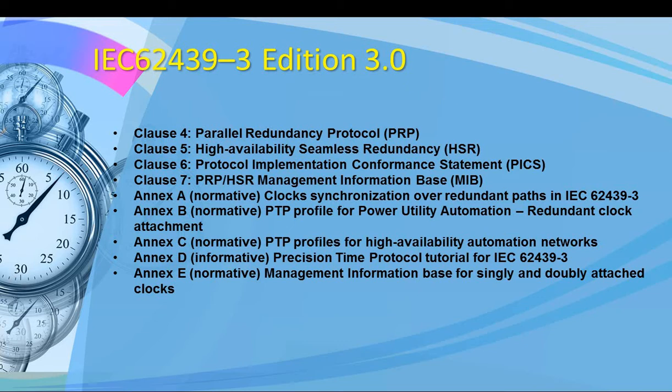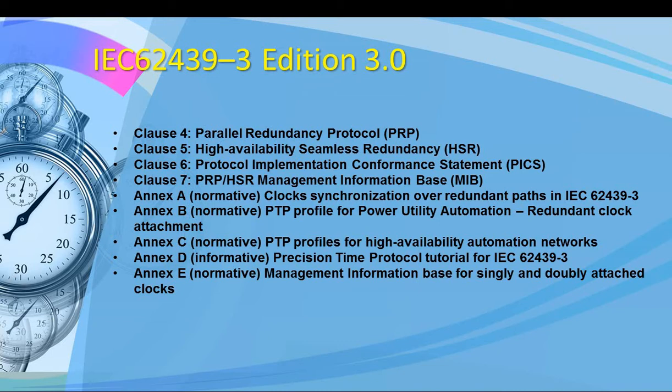Annex A defines clock synchronization over PRP and HSR networks. Annex B defines some PTP profile, and Annex C defines the PTP profile for high availability automation networks.